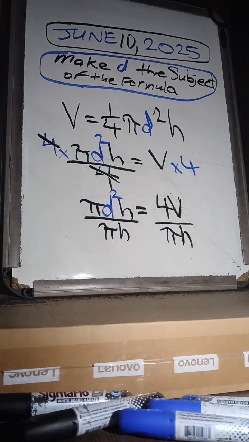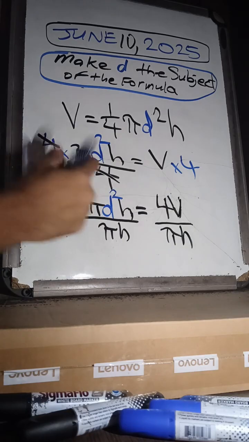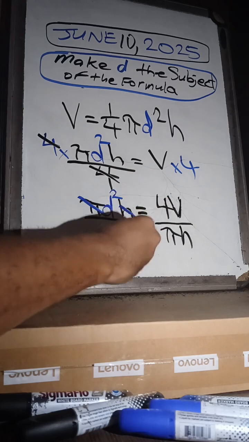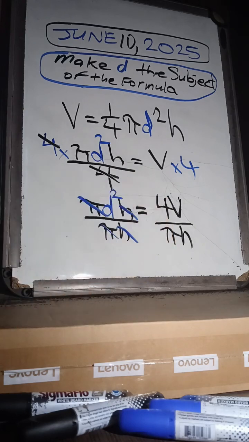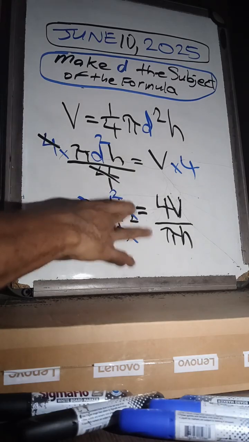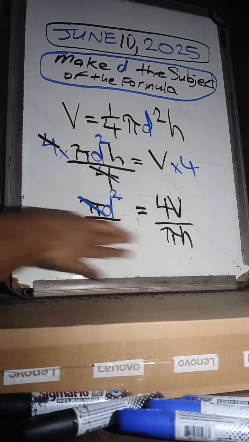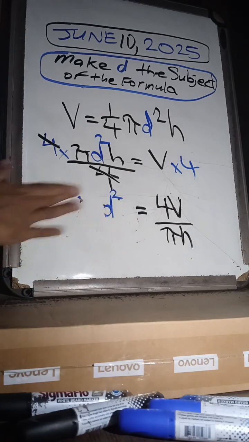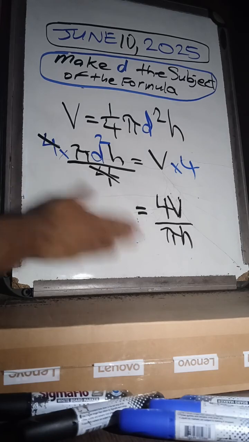So that leaves us with this. So the last thing we have to do now, after we get rid of all of this, so now we have d squared.